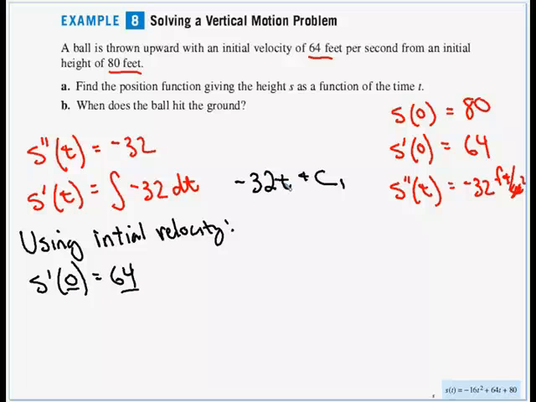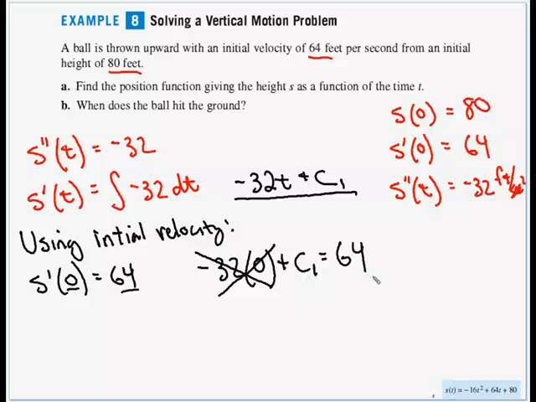Let's replace t in our equation with 0 and set it equal to 64. So we're going to have -32 times 0 plus c sub 1 equals 64. This is nice and easy. -32 times 0 is 0. So c sub 1 is 64.